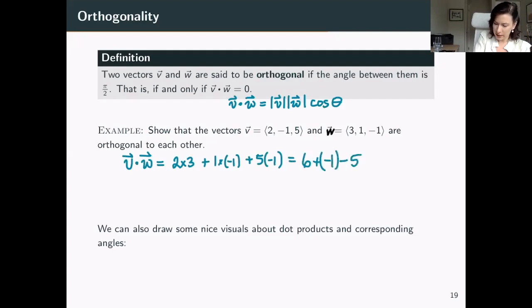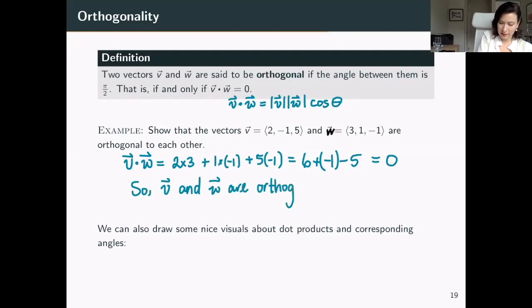So this gives me in total 0 as the dot product. So we have that V and W are orthogonal. The angle between them is going to be pi over 2 or 90 degrees.